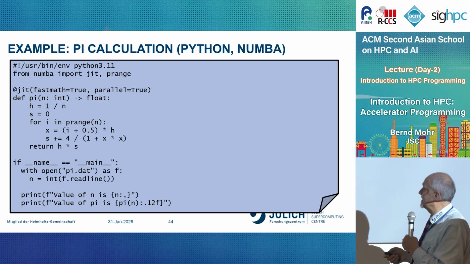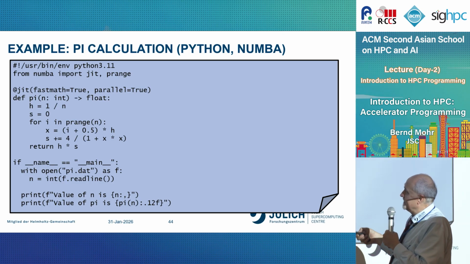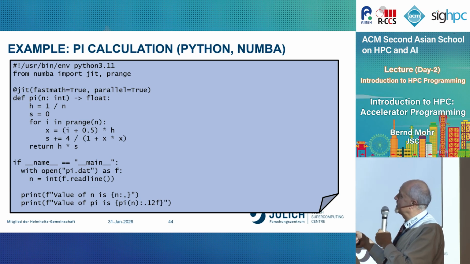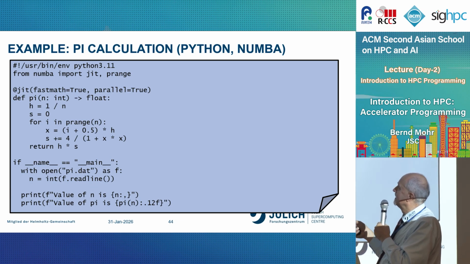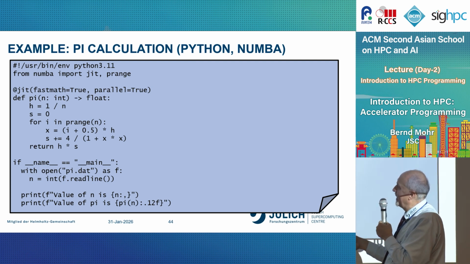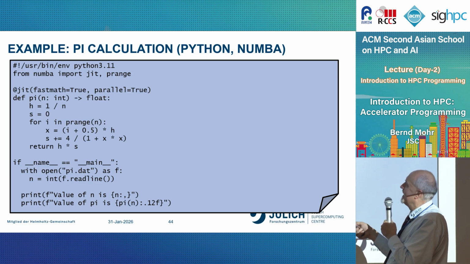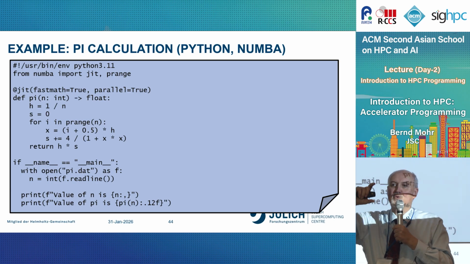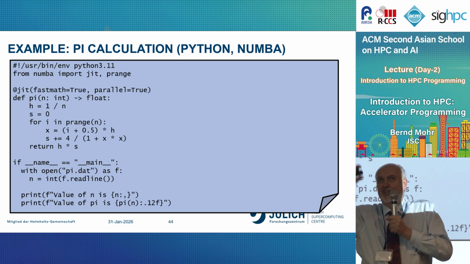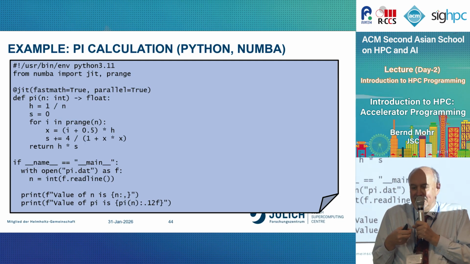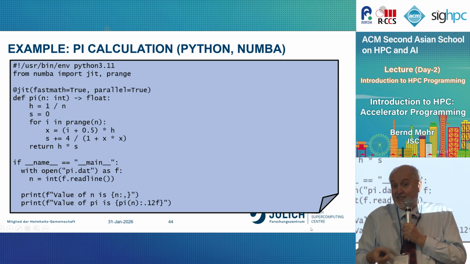The other option is you keep the old version, but you use from numba import jit and prange. Then you say this is a parallel loop by using prange, and jit means just-in-time compiler. What it does is take the Python code and translate it into machine code, which takes a little while, but then this machine code is as fast as C code.